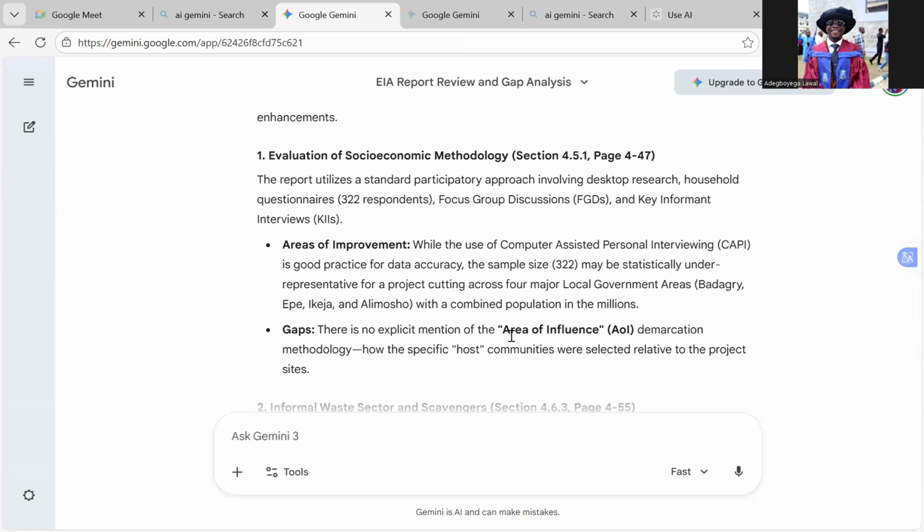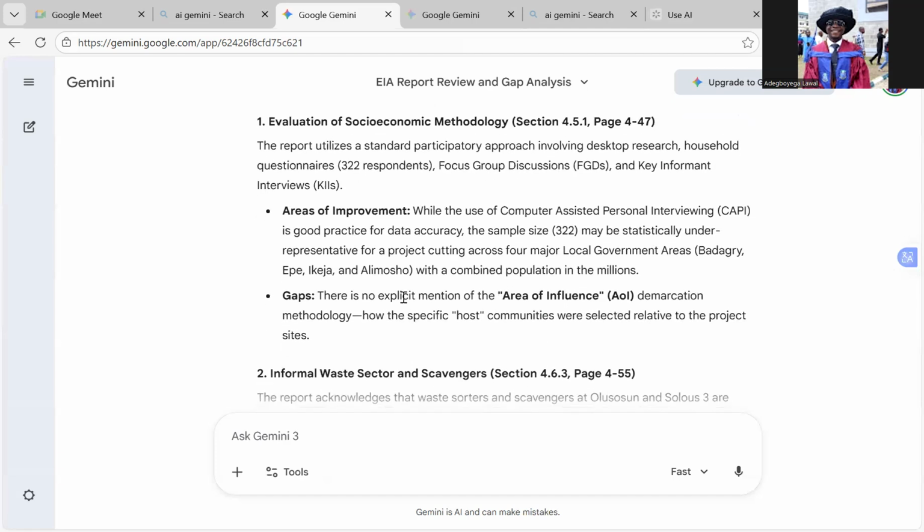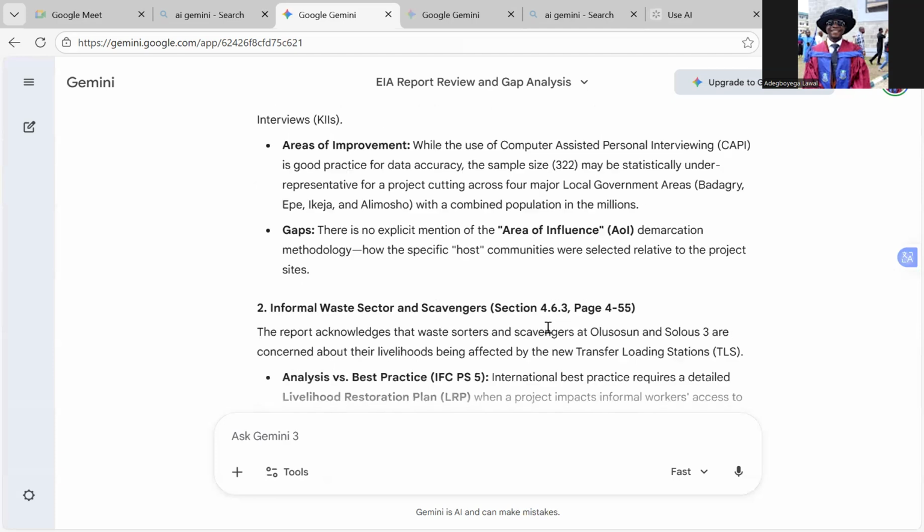So the comment here is to justify how you arrived at 322 as a sample size for the project area. This is a very good one to define the area of influence and the methodology in which you specify a community as host community. So these are very, very important.